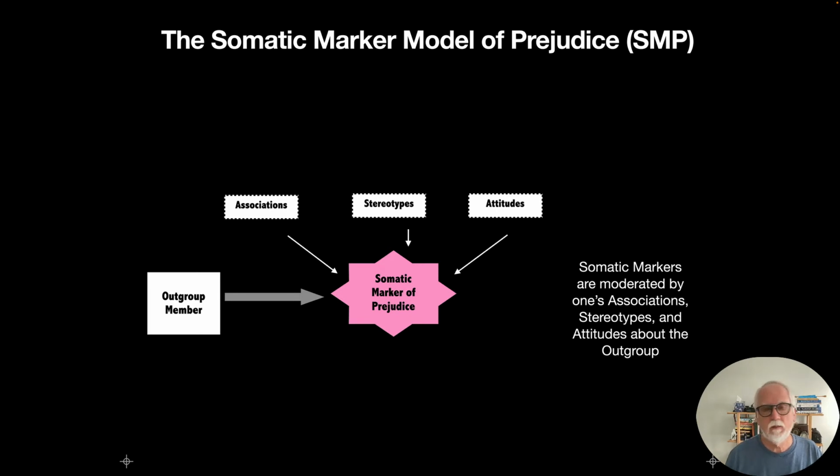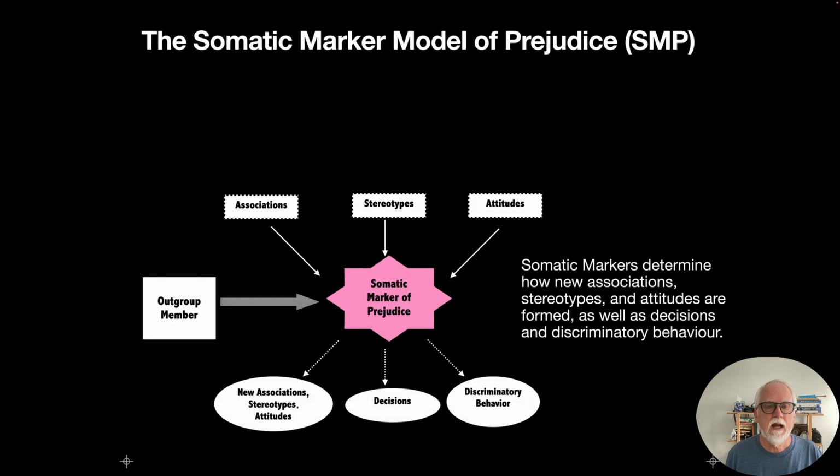And by the way, this can also work for gender and other measures of sexuality and other categorizations that we make besides just race and ethnicity. And then the somatic markers themselves in turn affect things like how you're going to further think about that group in terms of new stereotypes and attitudes. It affects your decisions you're going to make about them. It can affect your discriminatory behavior. It can guide your behavior according to this somatic marker model.